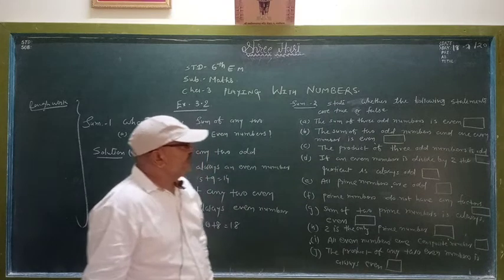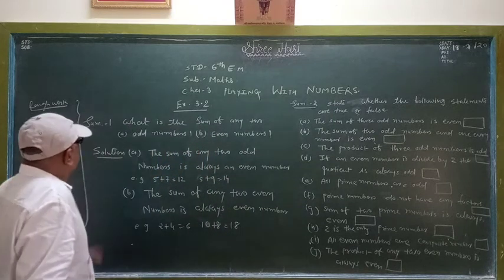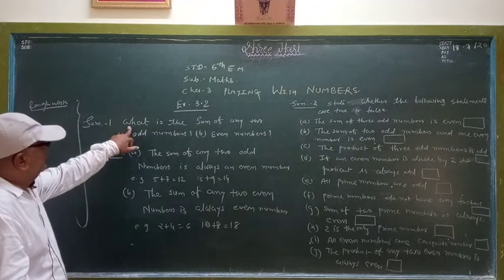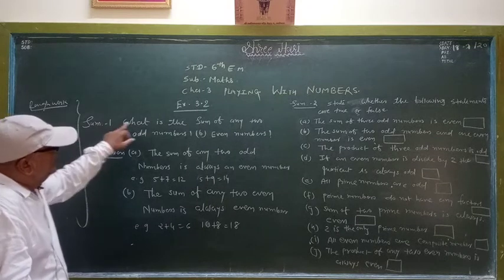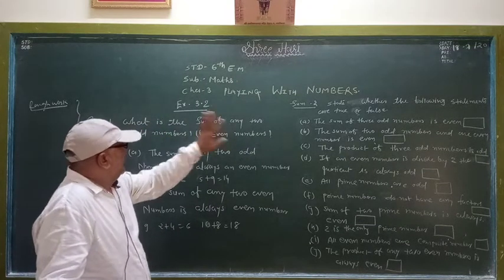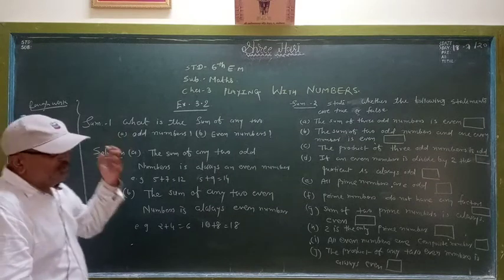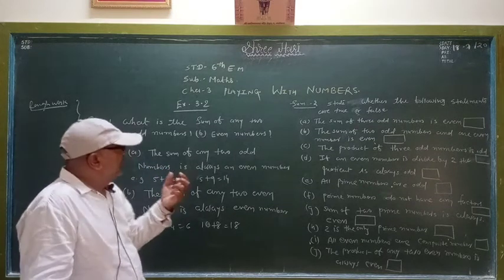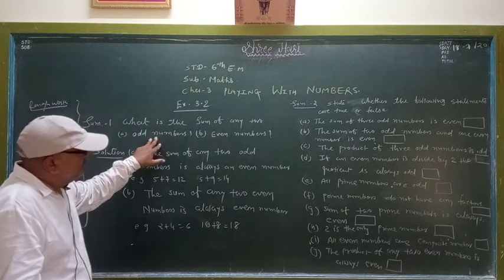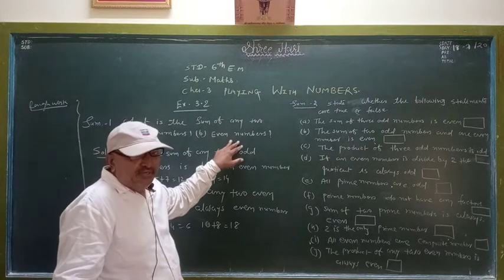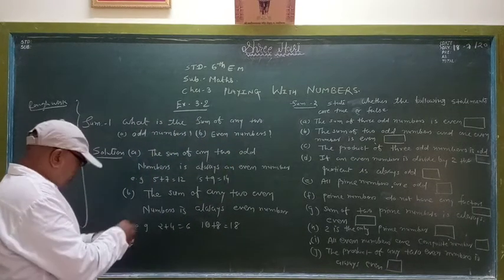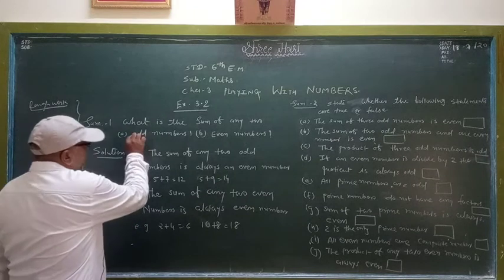Friends, first we are studying sum number 1. What is the sum of any two numbers? Two numbers means they may be odd or they may be even. So first we look at odd numbers.